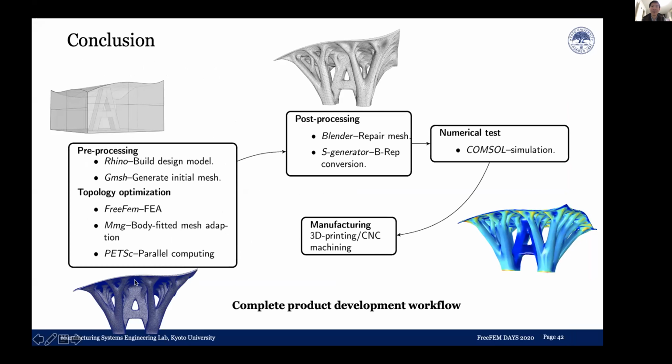And the MMG tool gives us quite nice features to make high-resolution results and also to save computational resources, especially when solving 3D problems. And finally, the optimal solution represented by the body-fitted mesh is easy to translate to CAD data for manufacturing.